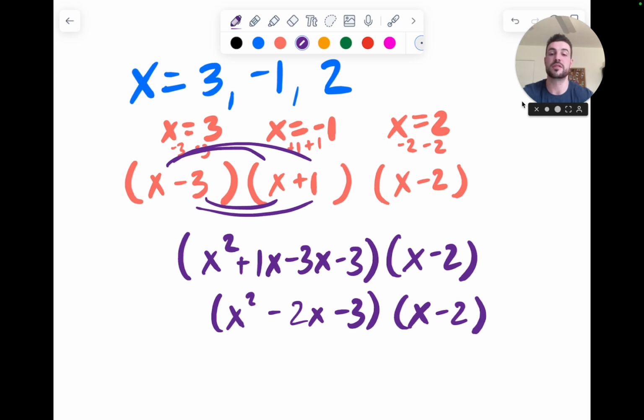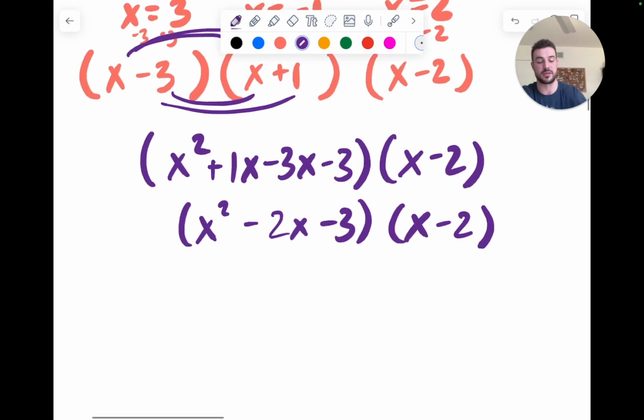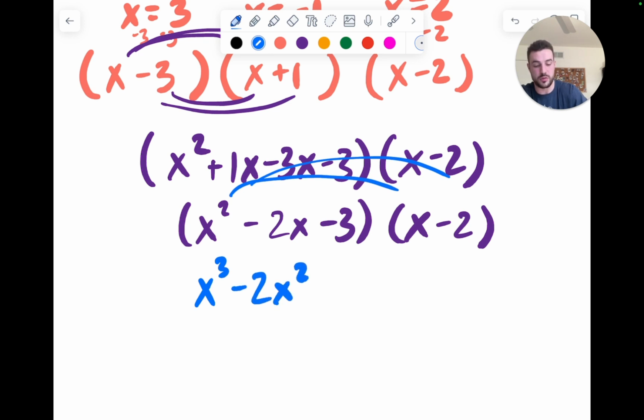Now what I'm going to have to do is distribute everything in my first polynomial into the next. We want to get rid of as many of these sets of parentheses as possible. So in order to do that, I'm going to multiply x squared by everything, and I get an x cubed minus 2x squared, and then I'm going to repeat the process with my negative 2x.